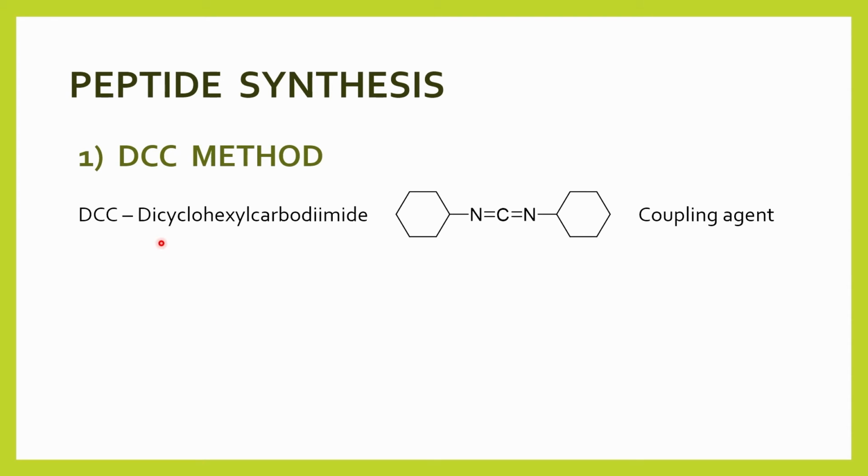DCC is actually called dicyclohexyl carbodiimide and it is a coupling agent. So let's see how it's done. We have two amino acids with us, and as I told earlier, the NH2 and the COOH groups are very reactive. So we only want this one and this one to react together and not the N and C terminal over here.